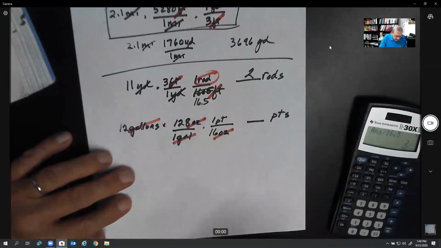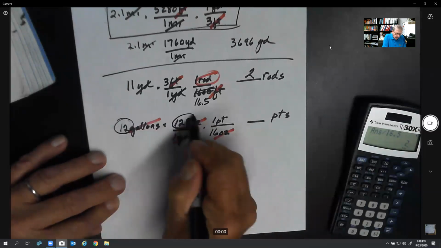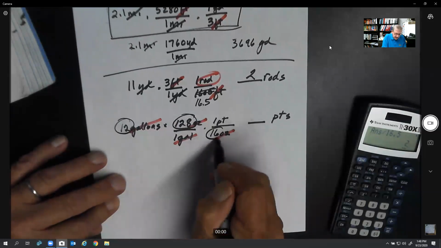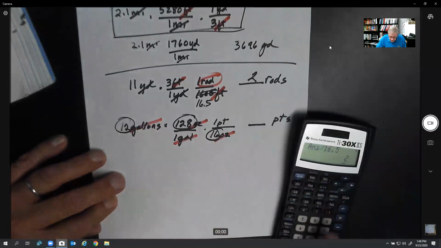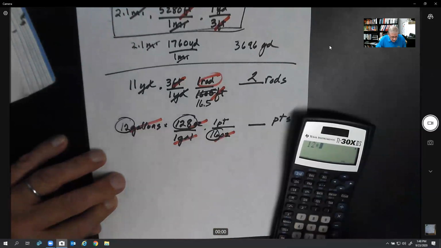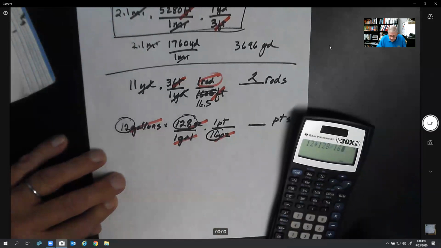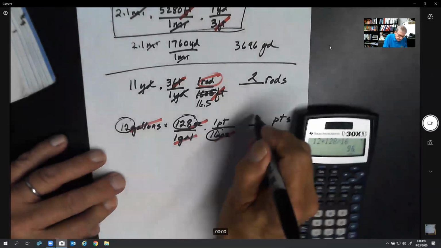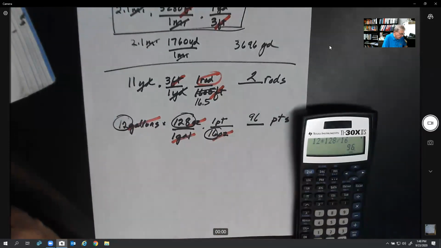So how are we going to find the answer? Our significant numbers are 12 and 128 on the top, and 16 on the bottom. So what does that mean? That means 12 times 128 divided by 16. That's what it means. 96 pints. And now we've converted it over. Let's see if we're correct.